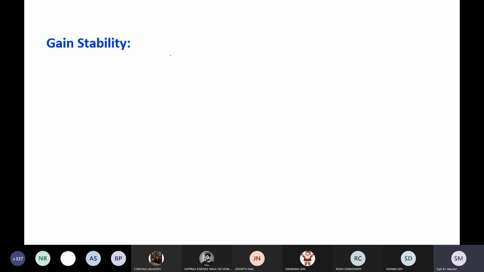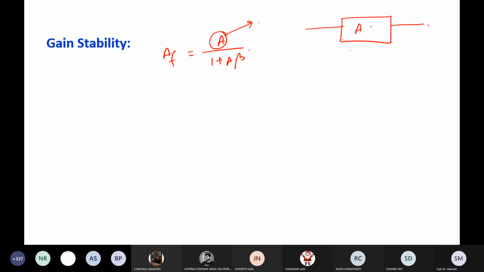The gain stability. Again, if we follow the expression for the overall gain with negative feedback, that is given by AF is equal to A divided by 1 plus A beta. For your convenience, let me define this A as the gain of the basic amplifier, that is, without feedback. This is the basic amplifier, it may be any feedback amplifier where the feedback network is not connected.